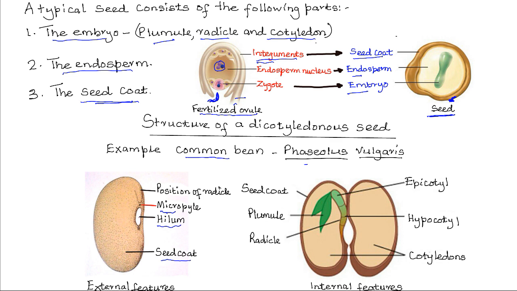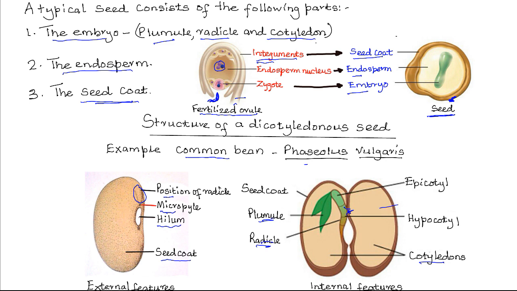Then, for most bean seeds, the radicle will appear as a swelling on the surface. So you can see the position of the radicle. And then internal features, see the two cotyledons, and then the embryo consisting of the plumule and the radicle. The plumule is the embryonic shoot, while the radicle is the embryonic root. Now, there is a stalk that connects the plumule and the radicle to the cotyledons.